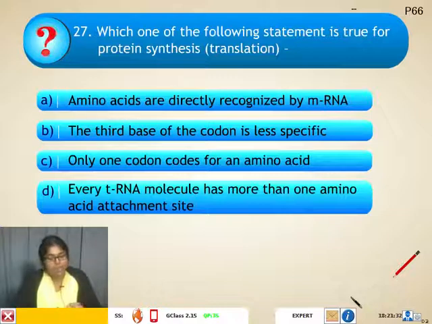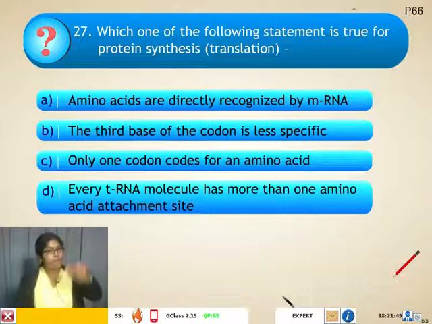Option D, every tRNA molecule has more than one amino acid binding site. So, let's read out the question again. Which one of the following statements is true for protein synthesis? So, among these four options, you have to find out the true statement regarding protein synthesis.